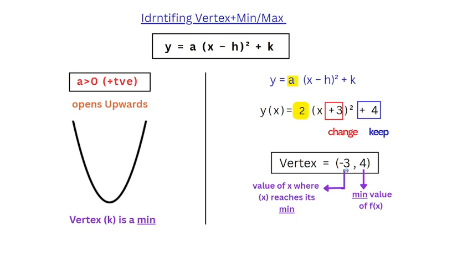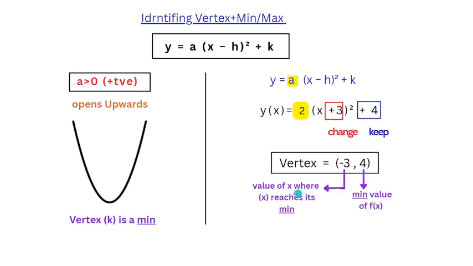When we ask about the value of x, where x reaches its minimum, we will say it's -3. If they ask about the minimum value of y, it is 4. Be careful.